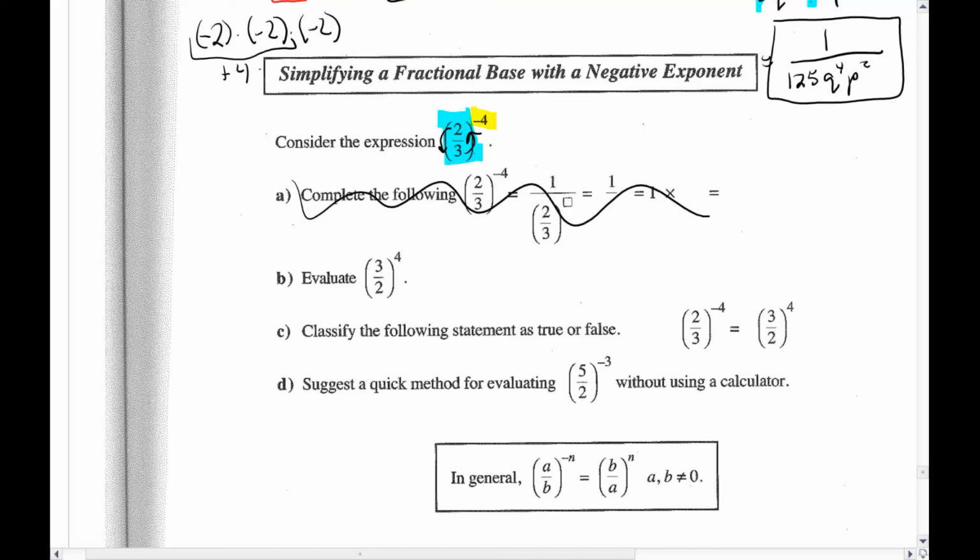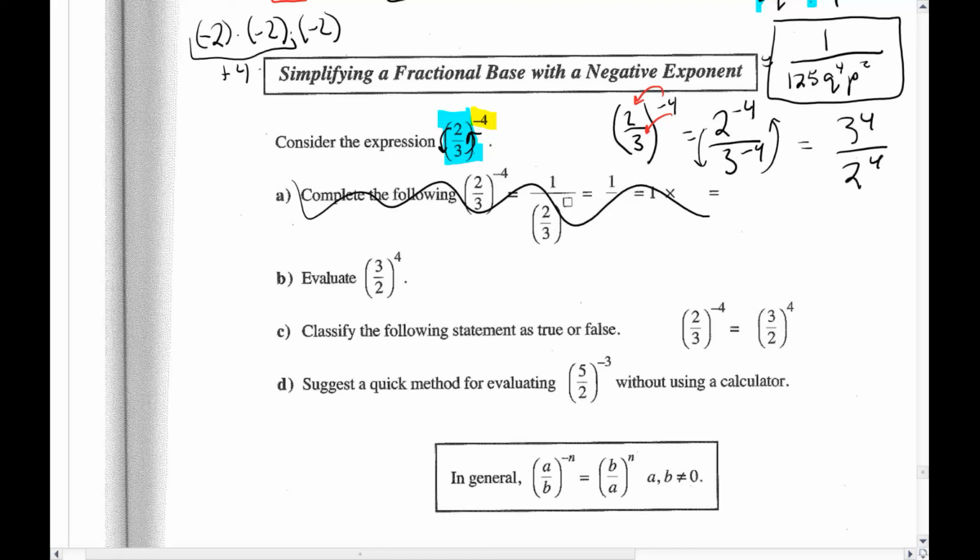Normally when we have 2 over 3 to an exponent, that exponent acts on the top and on the bottom. So we can rewrite that as 2 to the power of negative 4 over 3 to the power of negative 4. And when we have a negative exponent, we flip it. So the top term goes to the bottom and the bottom term goes to the top, and we have 3 to the power of positive 4 over 2 to the power of positive 4.